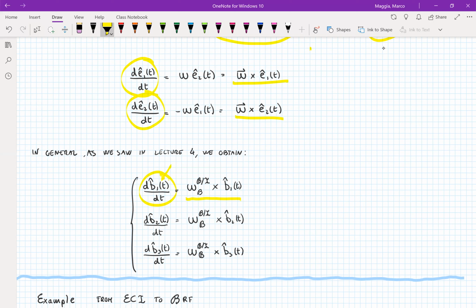We wouldn't have an angular velocity, so its derivative with respect to time would just be zero. But if these vectors are changing, if in this case these versors are changing their direction, their time derivative is given by the angular velocity cross product the vectors themselves.